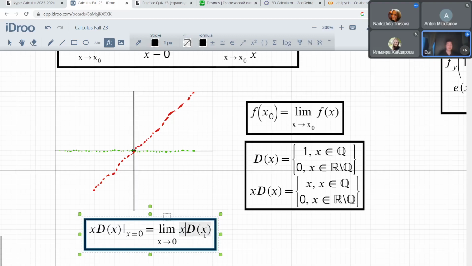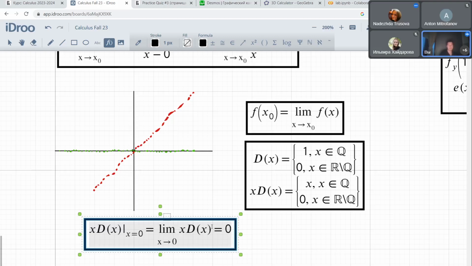And if our x is rational, this value equals x, and x tends to 0. So we know that this limit equals 0. That's why this function is continuous at the point 0.